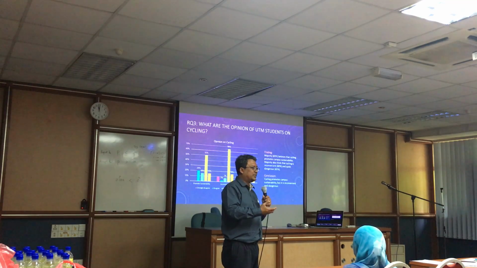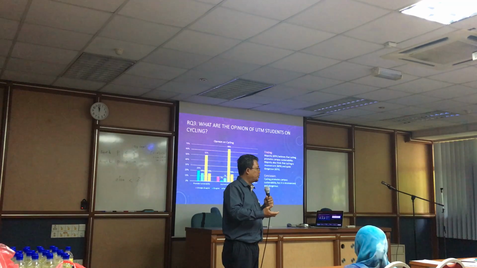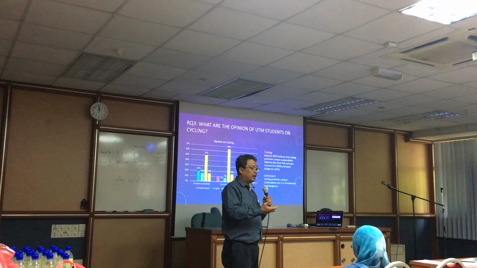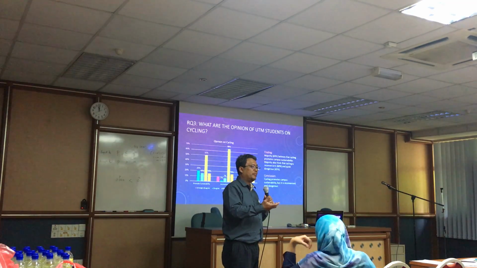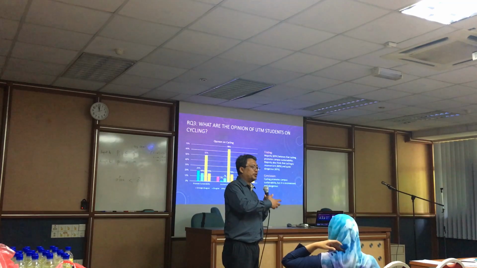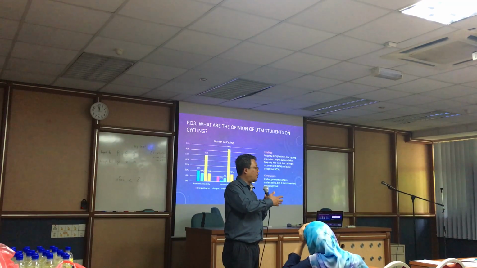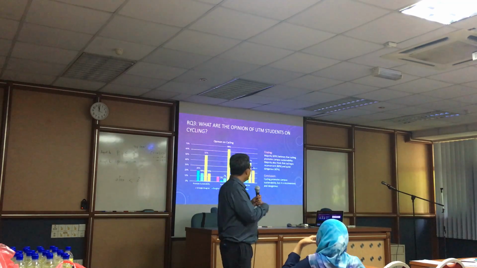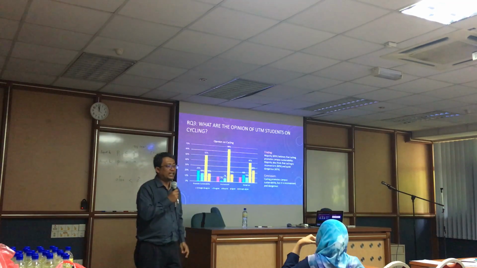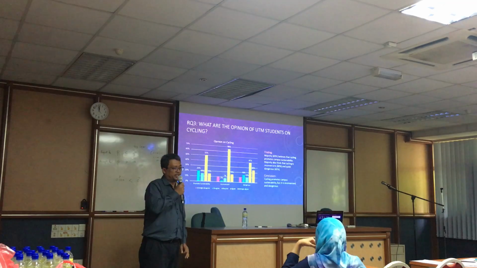So if we address the safety issue and the convenience issue, maybe by providing better facilities for them, they are willing to maybe switch from taking the bus or walking or riding a motorbike to cycling. So these are results that have policy implications.